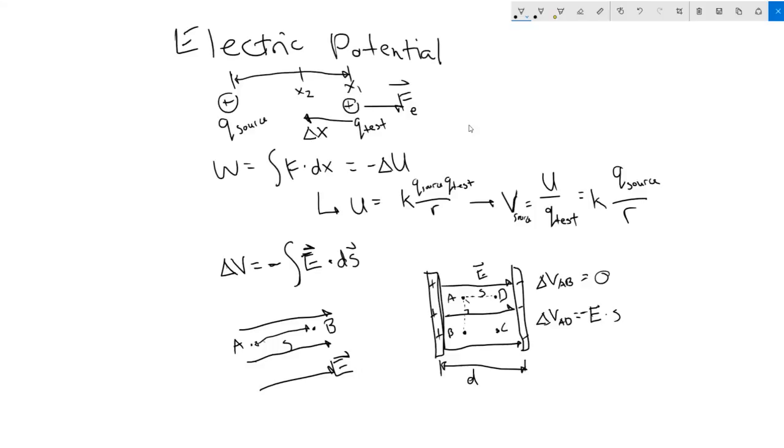Now, if you go from A to C, actually this potential drop will be the same as this one.